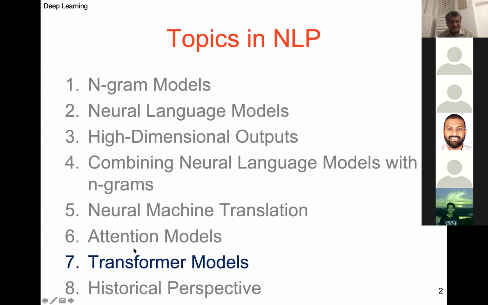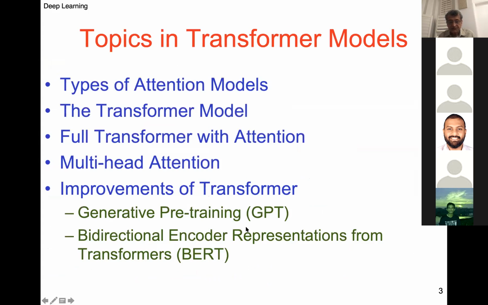We are still talking about attention models. It's a more recent variant of it called transformer models. And what are we going to read about transformer models? Types of attention models, the transformer model, and then the full transformer with attention, then multi-head attention, and improvements to the transformer.